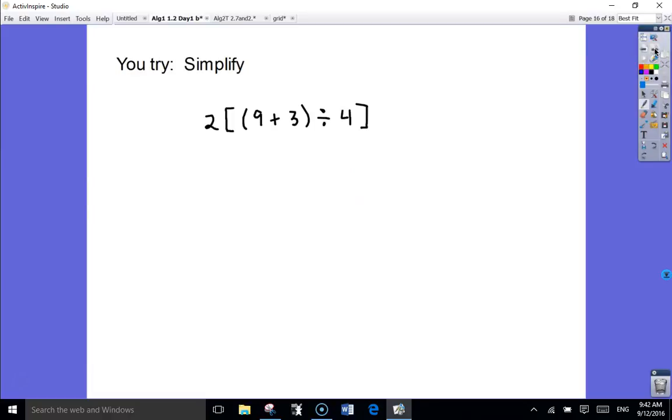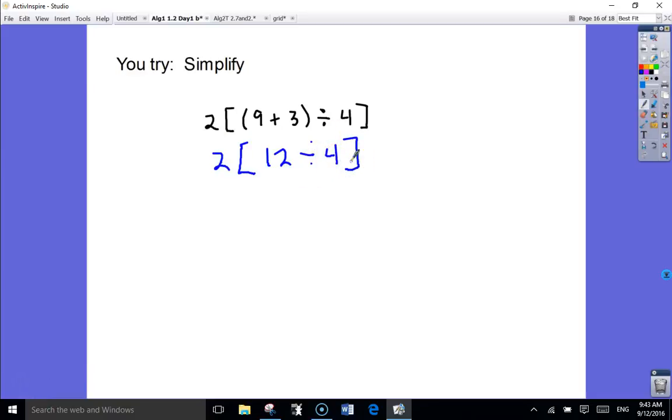Okay, one more. Now we've got grouping symbols inside of grouping symbols. You go to the parentheses, which are inside the square brackets. We get 12 divided by 4.